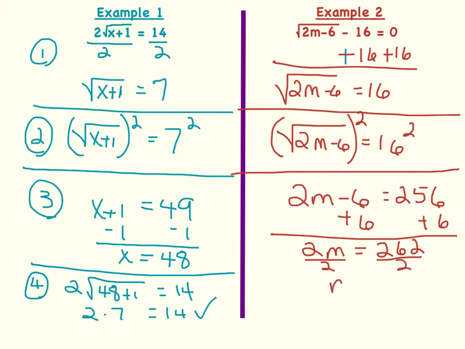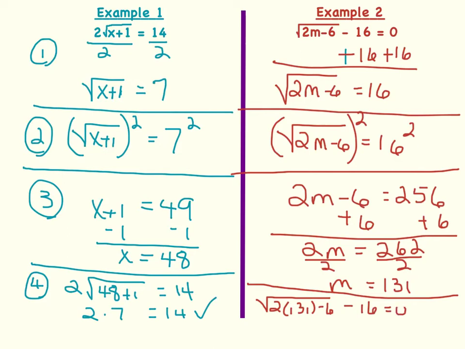And when I do that, I get m equals 131. Now I'm ready for step number 4, which is to check my work. So I've got the square root of 2 times 131 minus 6, and then minus 16, and that's supposed to equal 0.